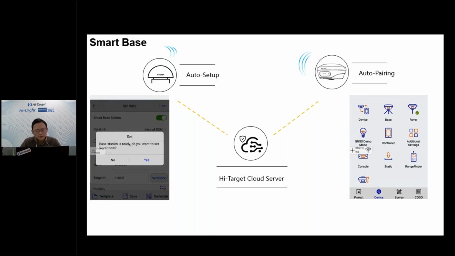It will automatically pair the corrections from the base station with the same serial number. Our Hi-Target cloud service will help you do this automatically, so next time you don't need to set them again. This function saves receiver initialization work and also extends your work range.